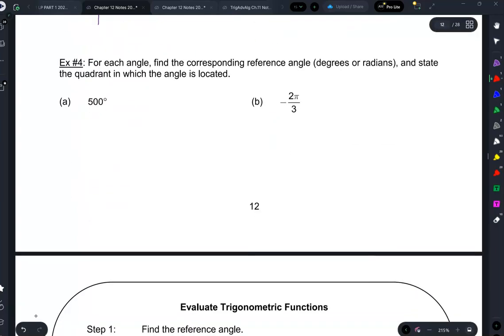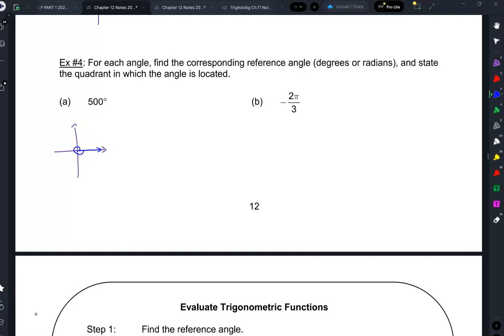Okay, this one. For these, we're going to find the corresponding reference angle and state the quadrant in which the angle is located. For this one, there's no order in which you do things first. The whole process kind of all happens together. So let's see, 500 degrees. We start here.